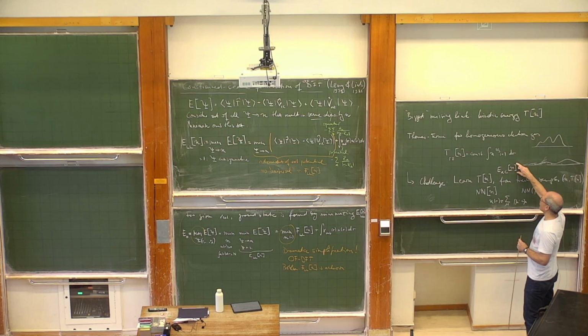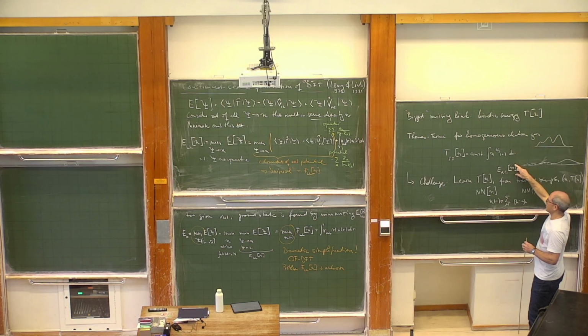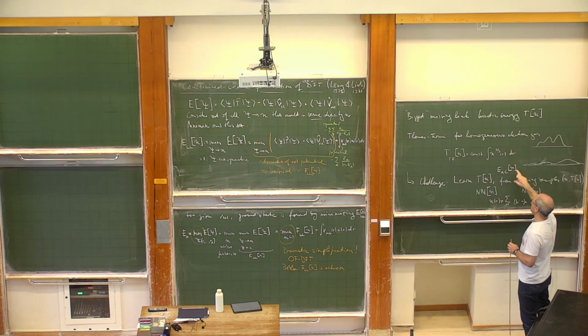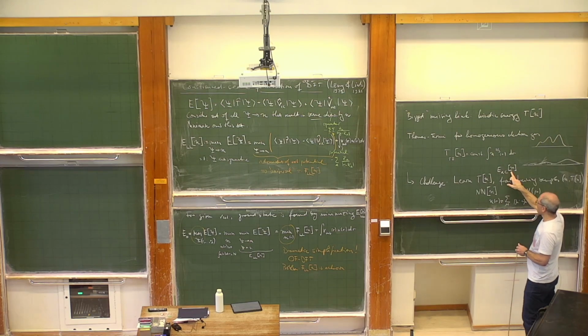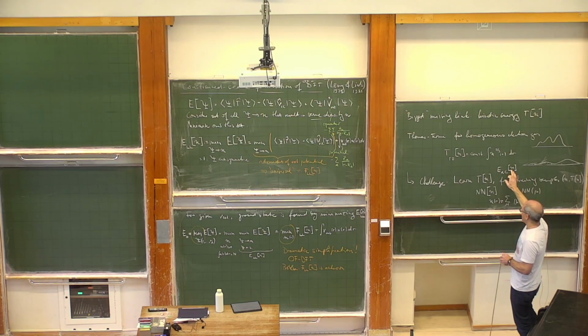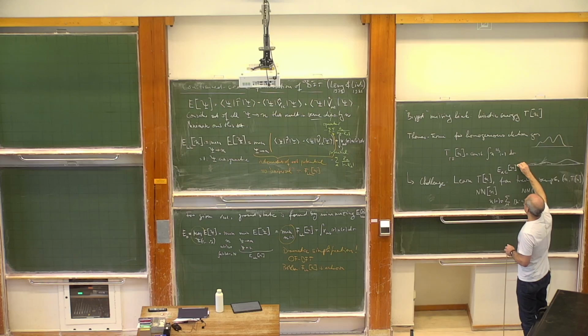And there is a whole family here. The ones that only depend on the density are called generalized gradient approximations. And maybe you've heard in some chemistry lecture about these.